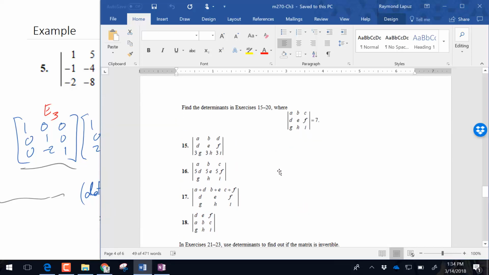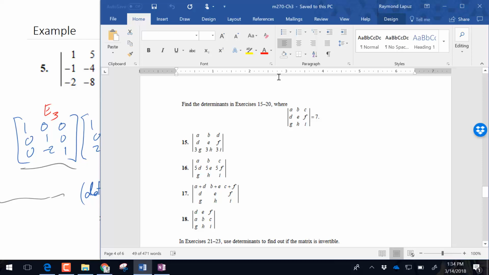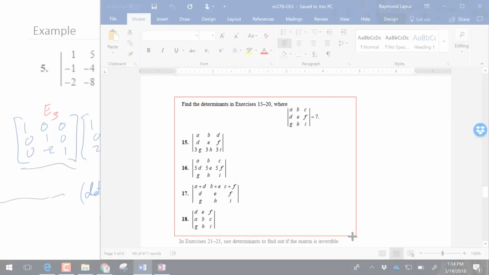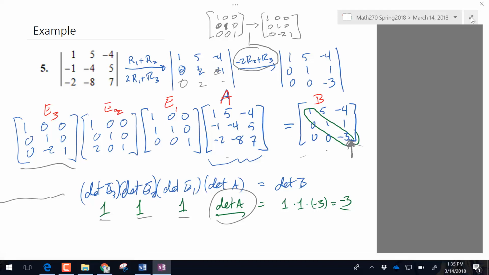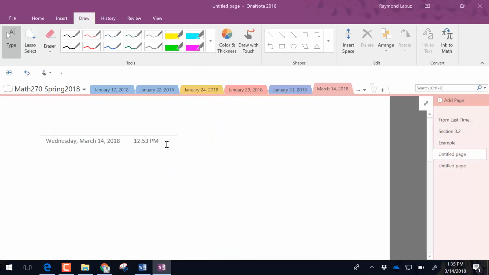Let's see if we can solve one of these problems where they give you a formula for your matrix and then they're going to ask you what the new determinant will be equal to after a row operation is applied onto that matrix.